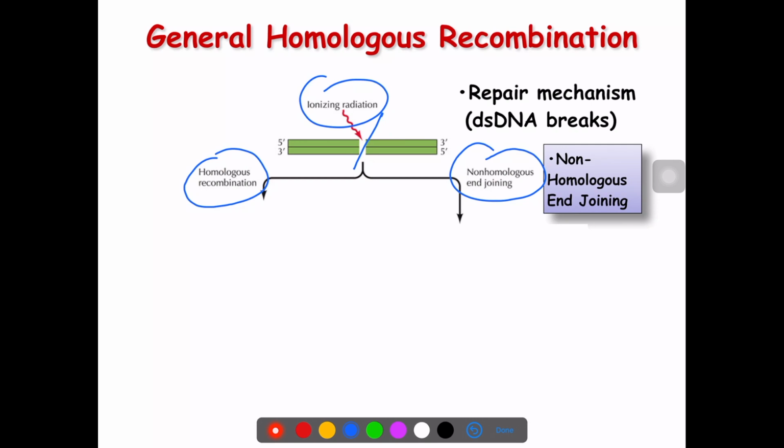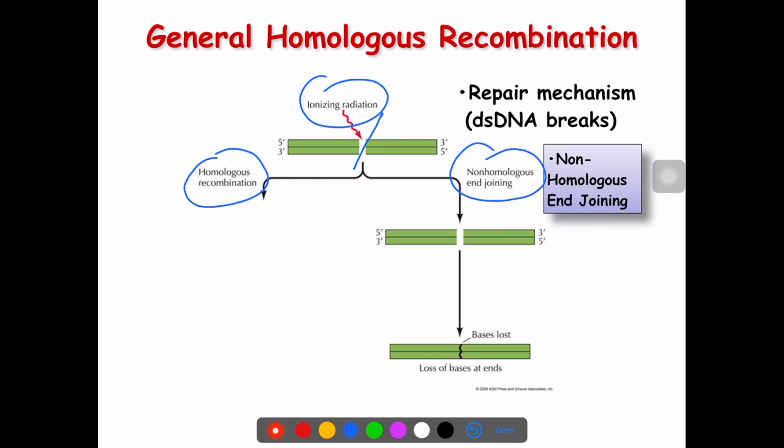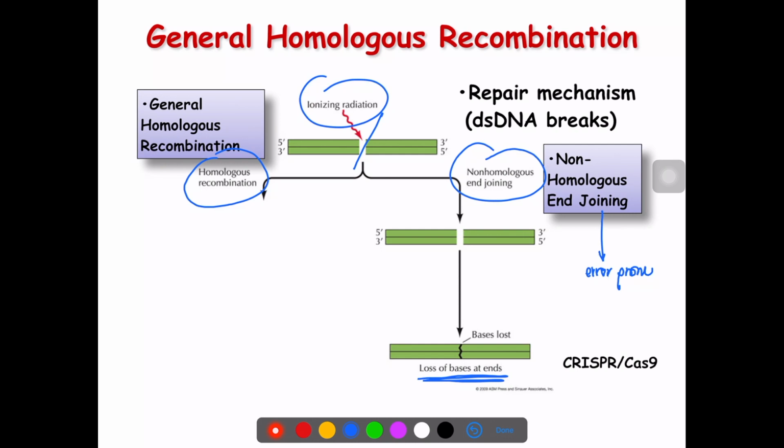Non-homologous end joining is error-prone, and typically it leads to loss of bases at the ends of the DNA molecule, whereas homologous recombination is basically an error-free mechanism of DNA repair.